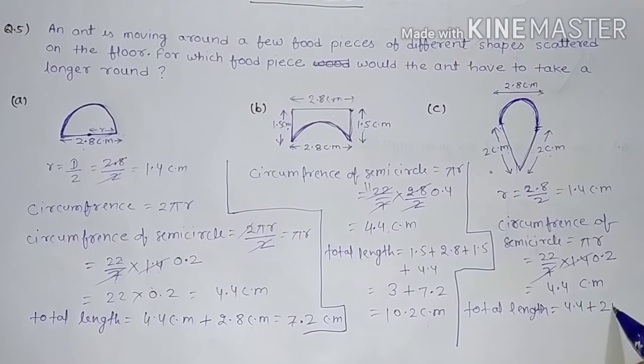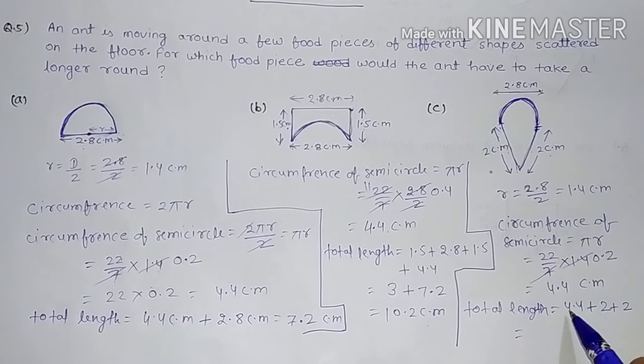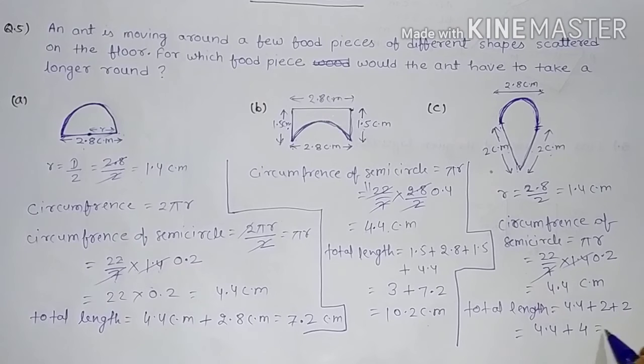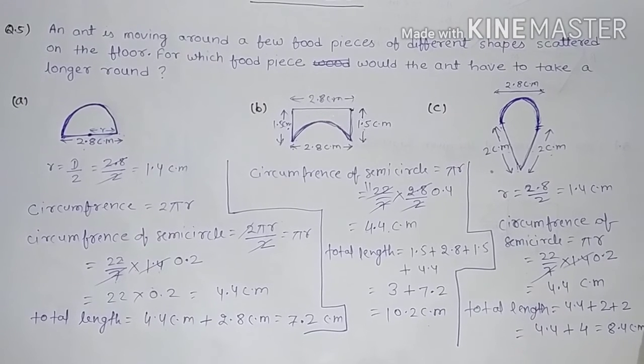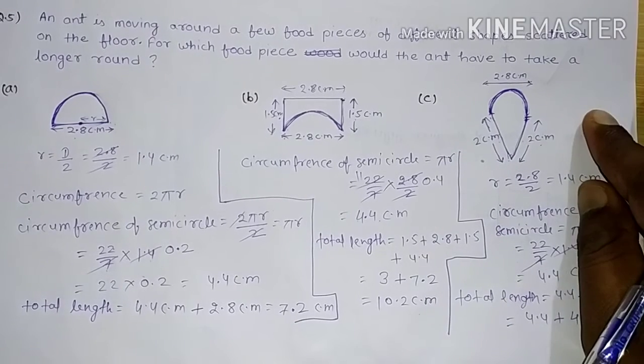So it will be 2 plus 2 centimeter. Now just add it. So 4.4 plus 2 plus 2, that is 4. So it will be 4 plus 4, that is 8.4 centimeter. And this is the perimeter of this figure.